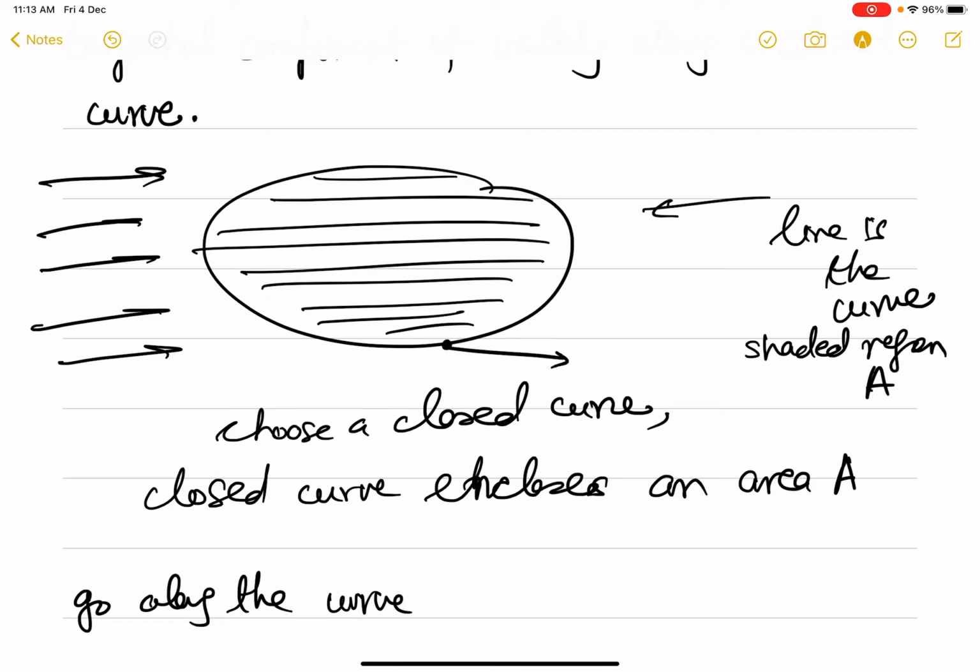Now we go along the curve. At each point on the curve there is a velocity v.